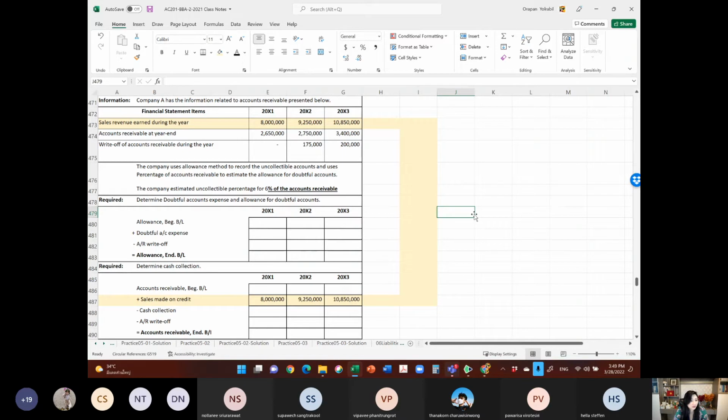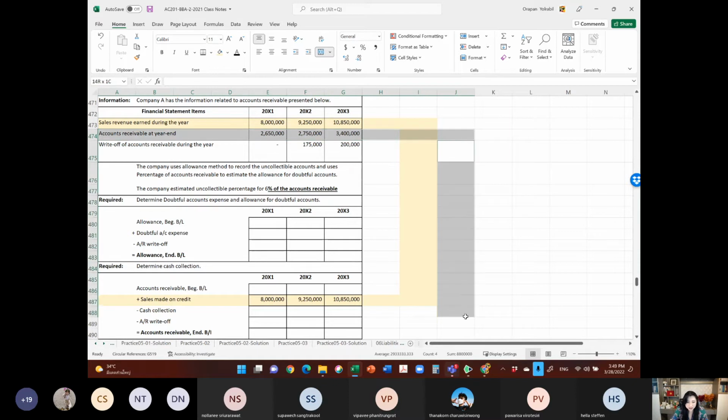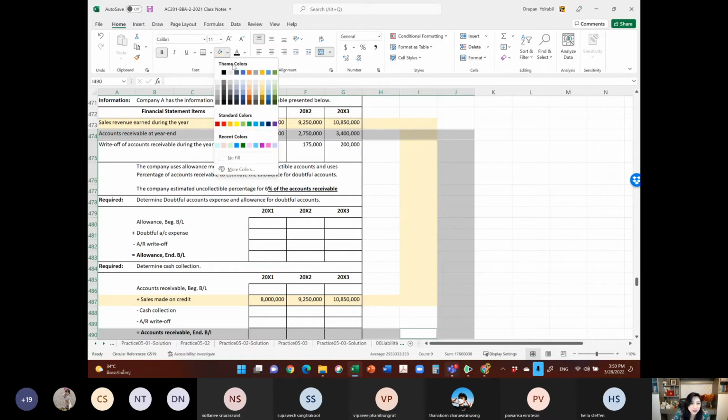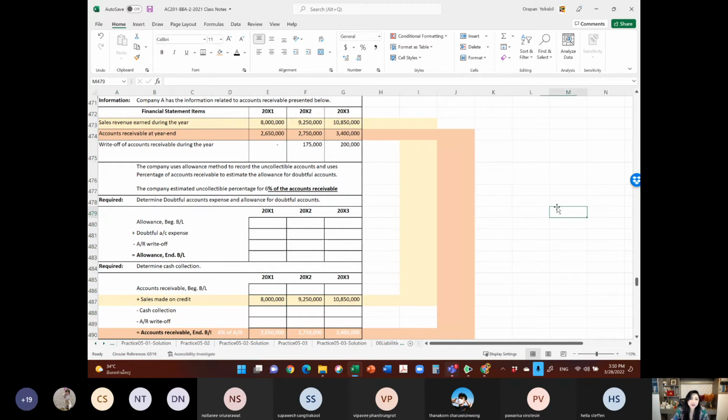So if you earn the revenue on credit, the accounts receivable would be increasing. Okay. And over here, you have the information regarding the accounts receivable. So let me take the accounts receivable at the end of the year to here.